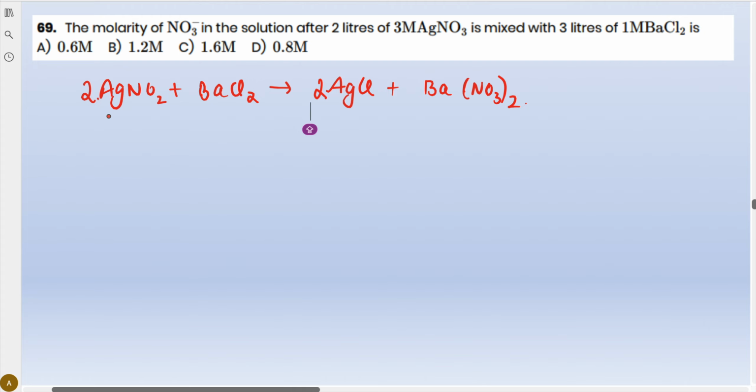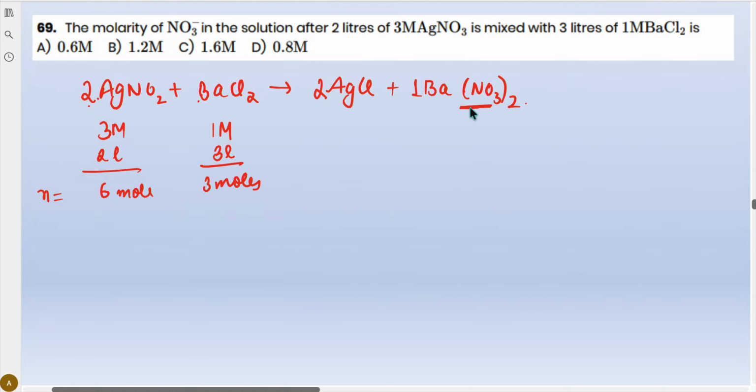Now in this, 3 molar is given, 2 liters is given. And for barium chloride, 3 liters is given, 1 molar is given. So number of moles you calculate, molarity into volume: 3 into 2 will come 6 moles, and here 3 moles. So 2 moles react with 1 mole of barium chloride to give you 1 mole of barium nitrate.